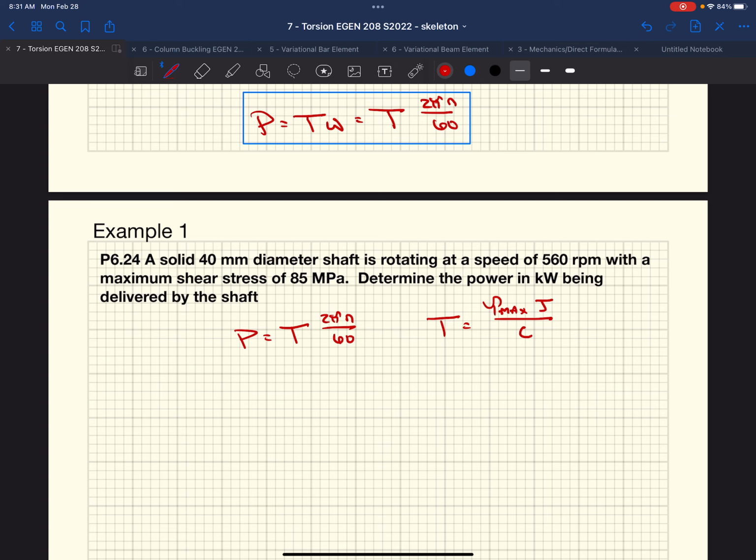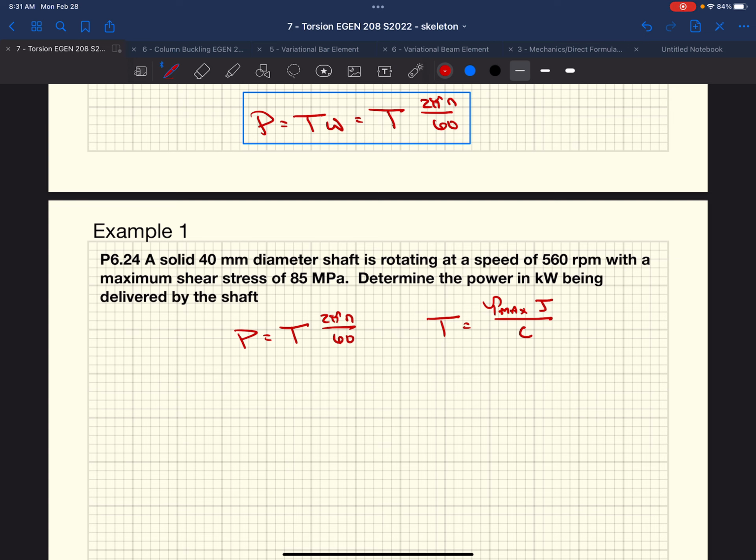Well, we ultimately want to know the power being delivered. That means we need to know all the stuff in the power equation. We know everything there except for T, and T we need to get from our other equation. If we look at that other equation, they gave us the diameter of the shaft. I've given you equations for the polar moment of inertia. Got that. Obviously, if we know the diameter, we know the maximum radius.